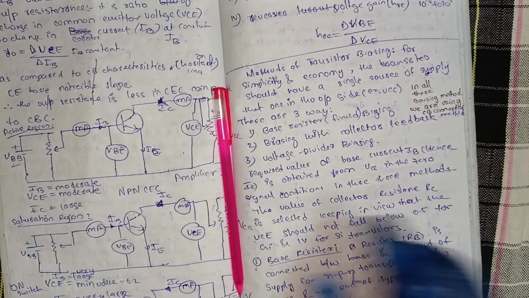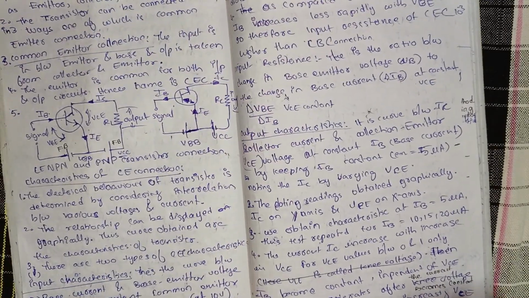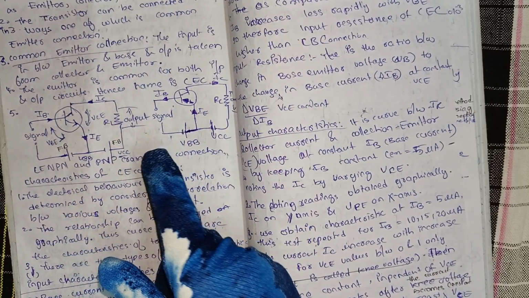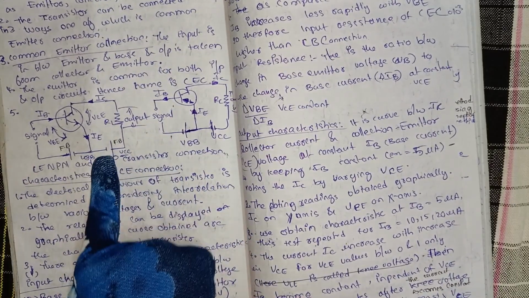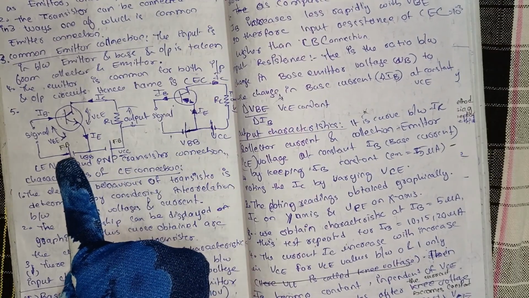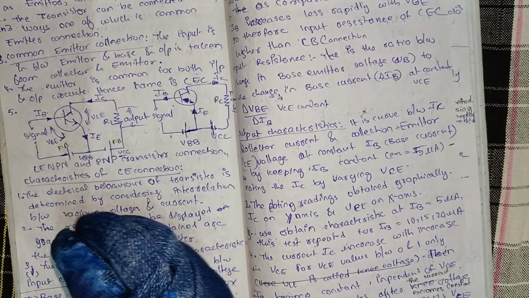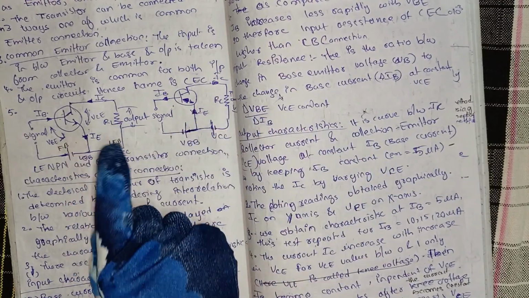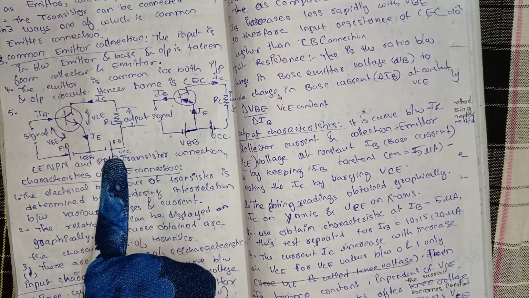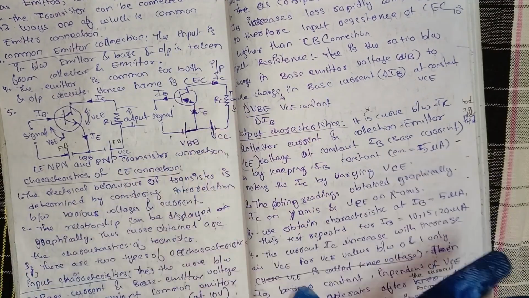In the previous class we discussed the common emitter connection in a BJT, which requires two voltages, one on the input side and one on the output side. For simplicity and economy we use only the output side voltage. That is called biasing.